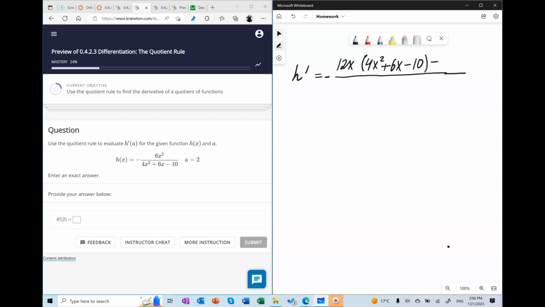Minus the numerator times the derivative of the denominator. And all that divided by the denominator squared. And we're going to simplify this.